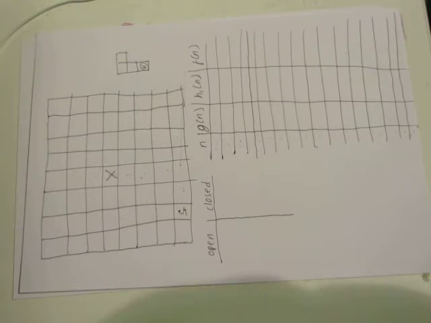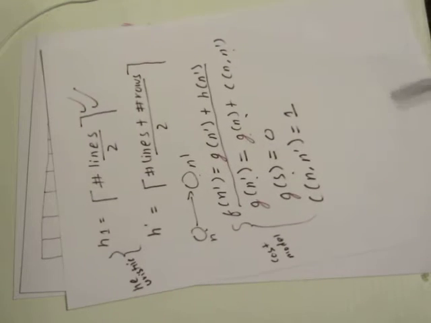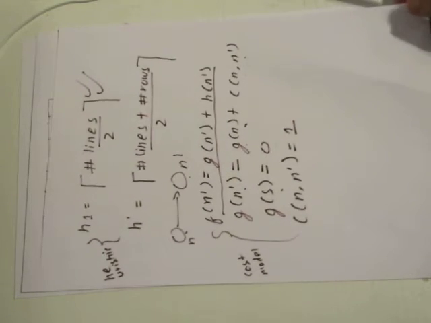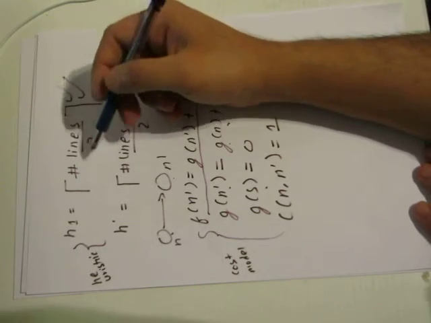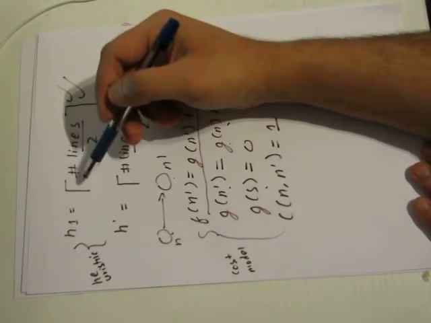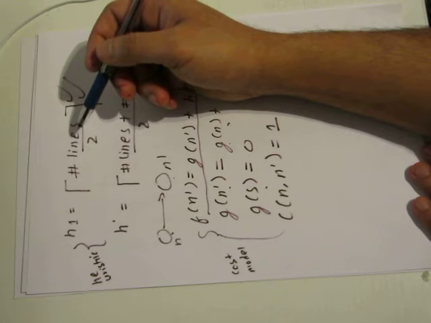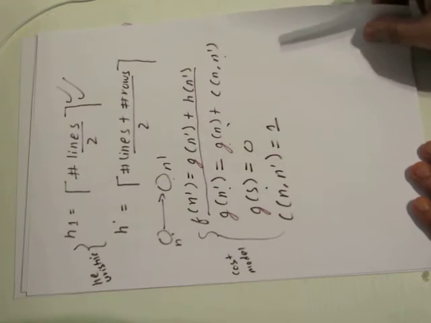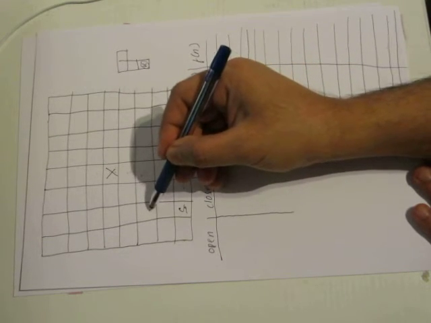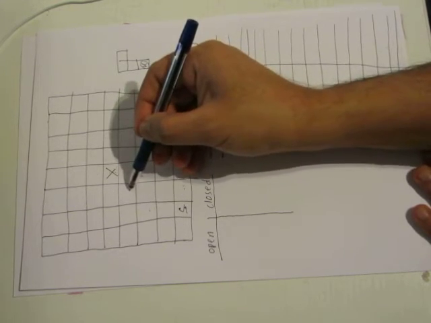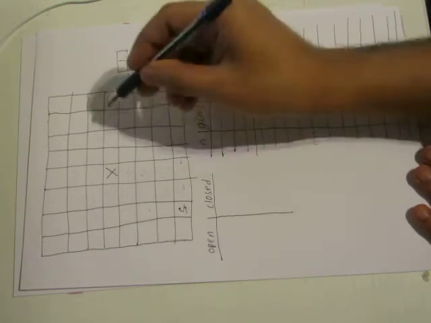Okay, let's begin. First we have to define some heuristic, and this is the heuristic function. The first heuristic would be h1 equals the number of lines between the end node and the current node, divided by 2. If this is your current node, the number of horizontal lines is 1, 2.